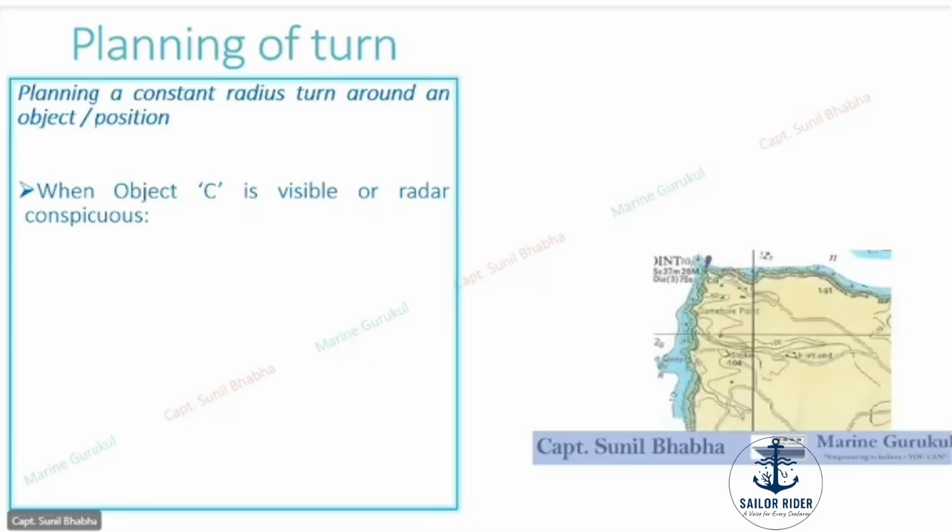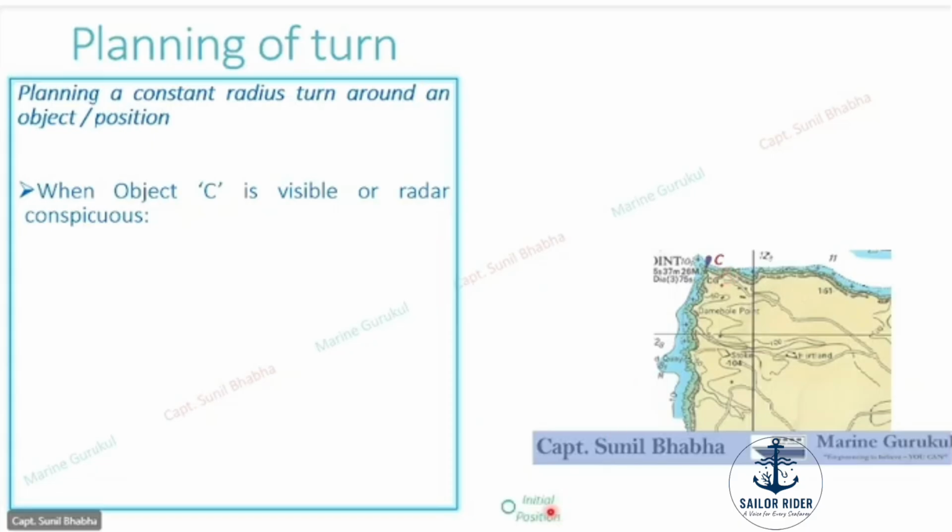So let us have an example area here. You can see our vessel is in this particular area of the chart, and we have a lighthouse here at land's end at this particular point. You can follow the laser pointer. Let us represent that lighthouse as C. We want to have this lighthouse as the center of our turn.